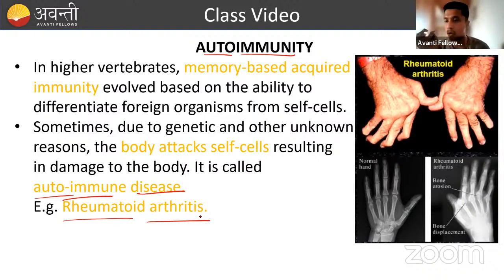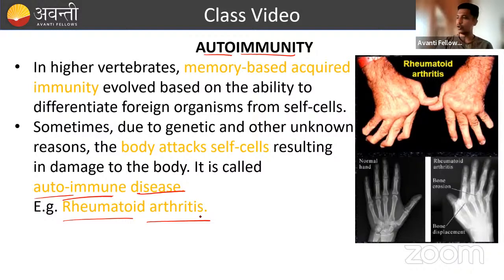The junctions between the bones are corroded because our cells, osteoblasts, are attacked by our immune cells. That will lead to bone degeneration. A person suffering from rheumatoid arthritis has low mobility. They have excruciating pain for normal movement, walking, folding, eating. They can't fold or move any of the joints, and they have excruciating pain. So that is autoimmune disorders.